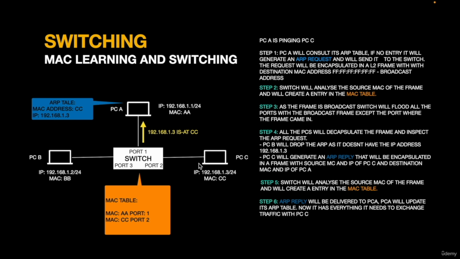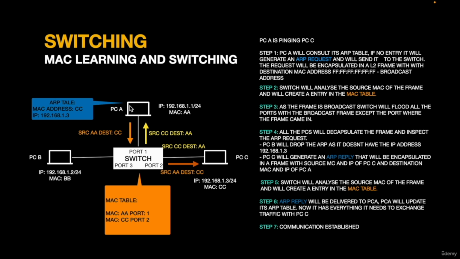And finally, the switch will analyze its MAC table, and it will see in the ARP reply that the destination MAC is AA, and the frame will be forwarded on port 1.